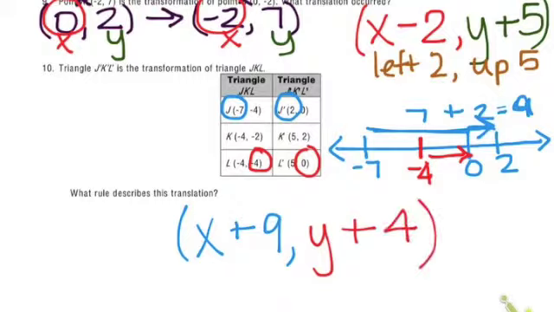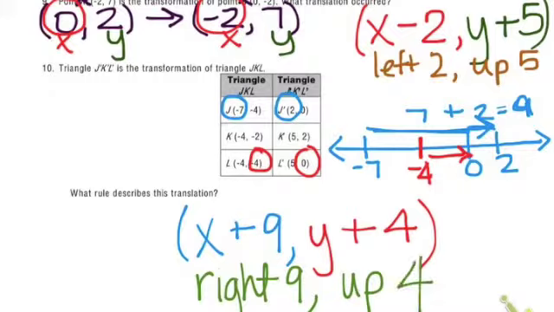So our rule would be x plus 9 and y plus 4. And you can also think about what that would do on your grid. On a coordinate grid, if we're going plus 9, that means we're going to the right 9 if we were drawing the new figure. And then y is plus 4, it's going up, so we're going up 4 if we were drawing out that translation.